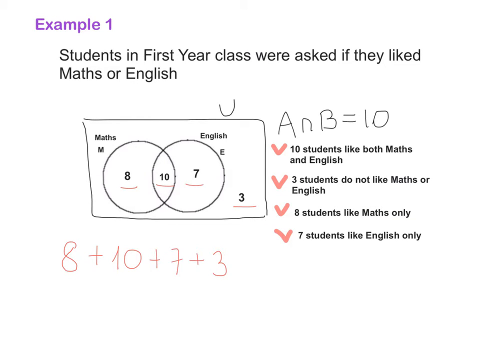So if we want to find out how many students are in the class, we need to add all the numbers. And this is 28. So 28 students in the class.